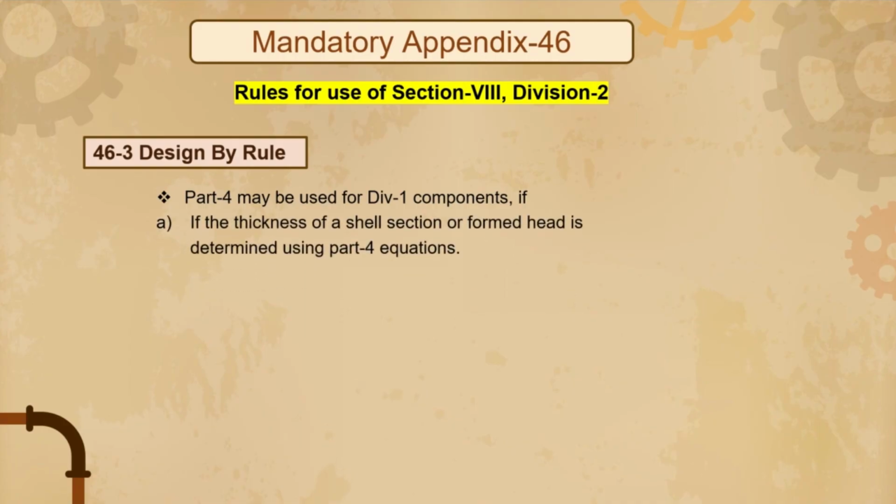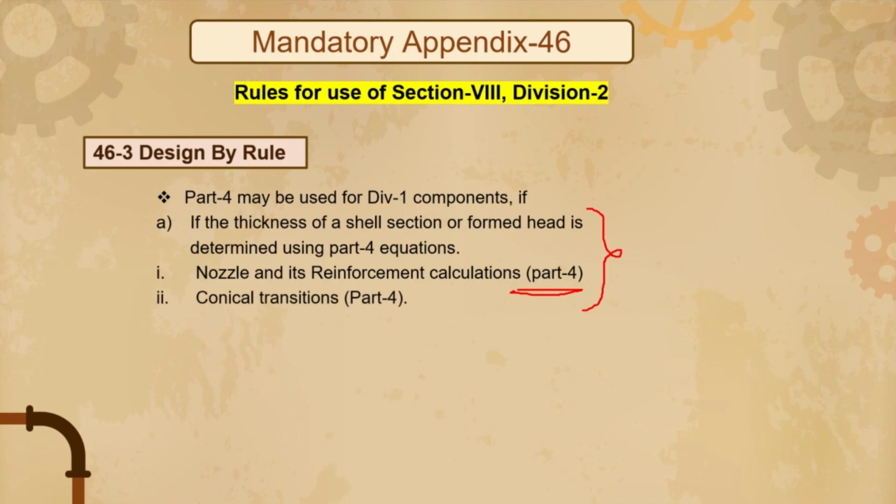If you are finding the thickness of shell or formed heads using Part 4 equations, you need to find nozzle and reinforcement calculations as per Part 4 only. You cannot find nozzle and reinforcement calculations as per Division 1, guys. I hope you understand this point.